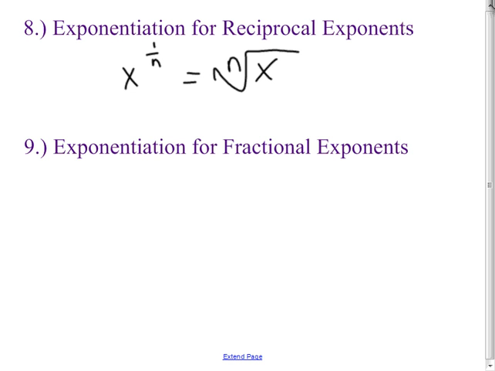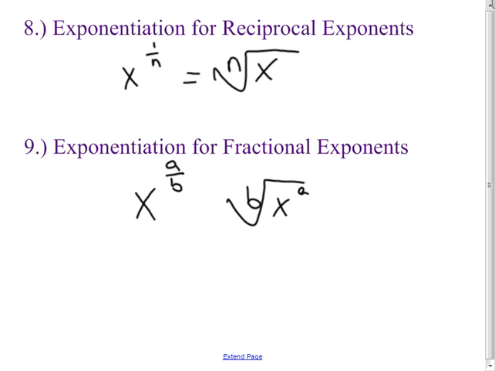The other one is exponentiation for fractional exponents. It goes along the same path, x to the a over b. The denominator is its root. So the denominator is the part that goes inside this part right here. That's always the denominator. Then, the numerator piece, the a, is the actual power that it's going to.